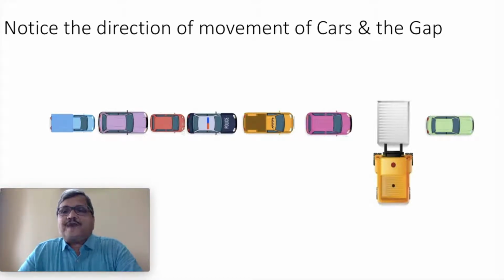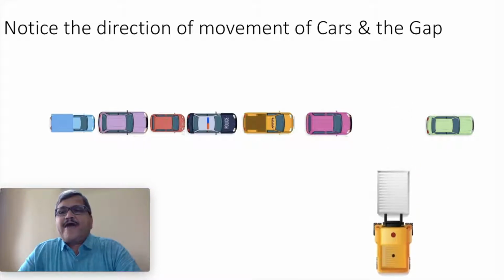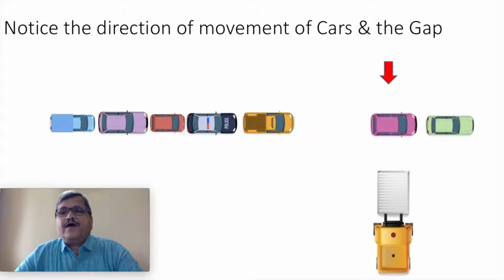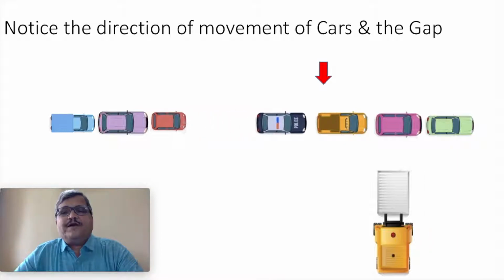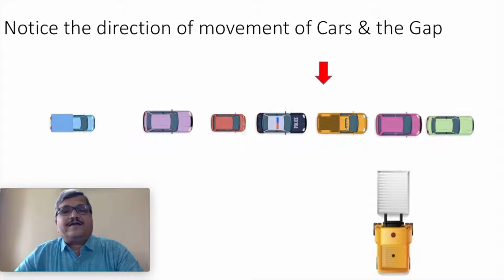Once it passes, there will be a gap created between the first car and the second car. Now look at this gap, which is indicated by the red arrow. It is traveling from right to left, whereas the vehicles are traveling from left to right. So the gap which was earlier at the second car has now traveled to the last.